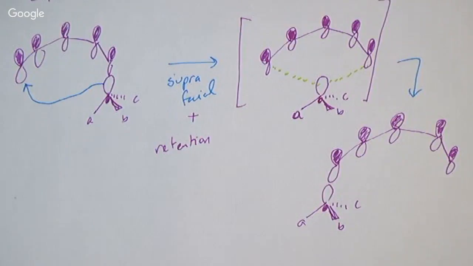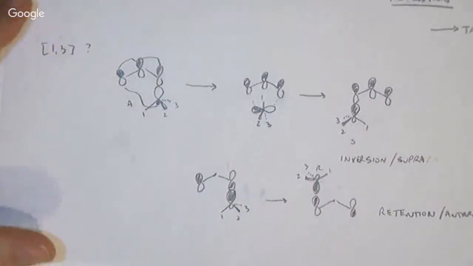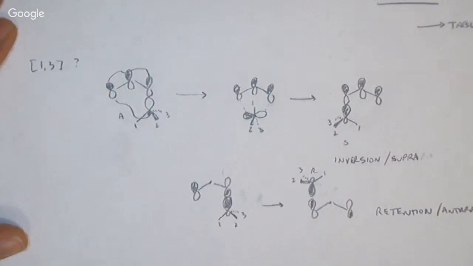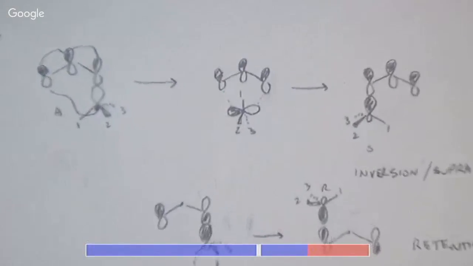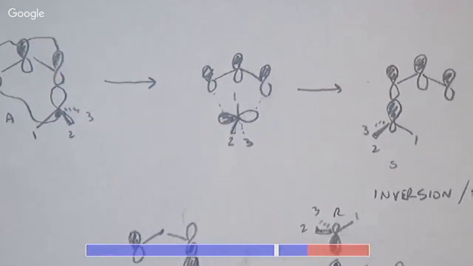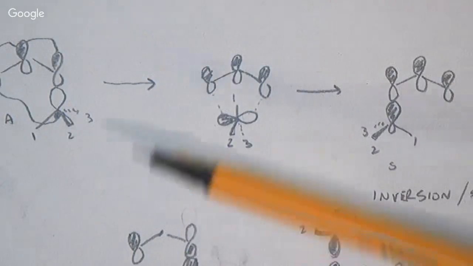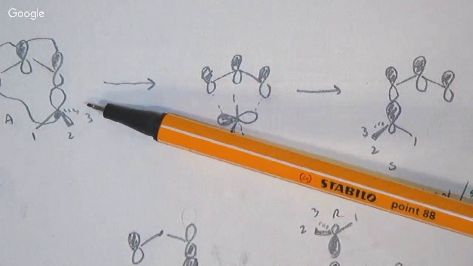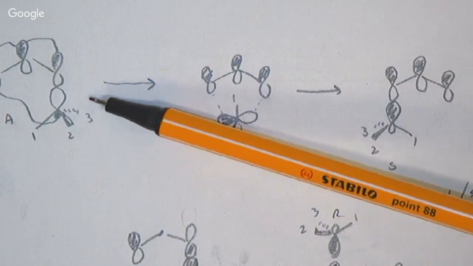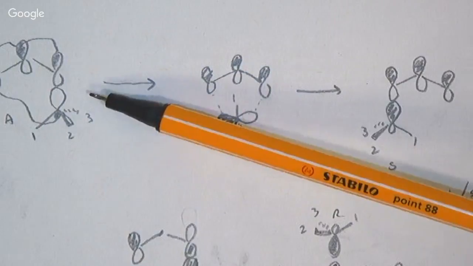If instead we had a 1,3, there's two ways to consider it, and let's see if this will work for us. We had a 1,3 shift. All right. The idea here is we could also do this by topology, that we've got our group here, and recognizing this is 4 electrons, this is going to go through a Mobius transition state.